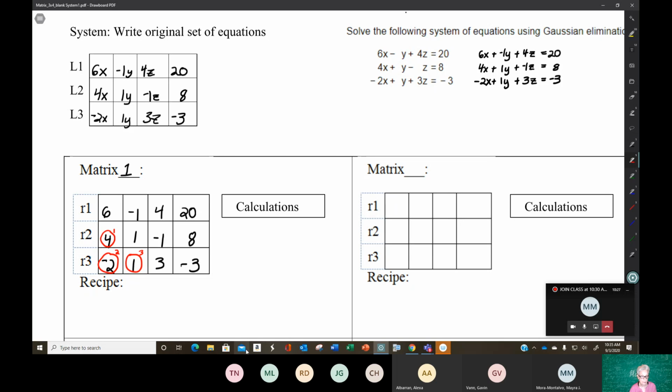Okay, so I need to be able to add these first 2 numbers, the first number in row 1 and the first number in row 2. I need to be able to add them together so that they will equal 0. That's what I'm going to do over in calculations. Down here in my recipe, I'm going to try to figure out how to go about this.